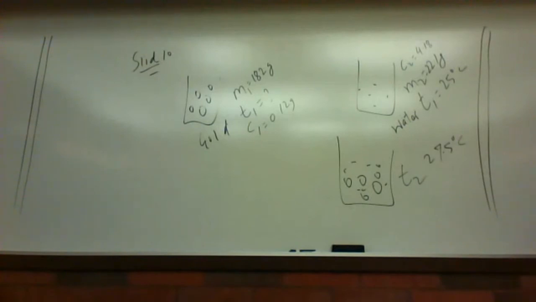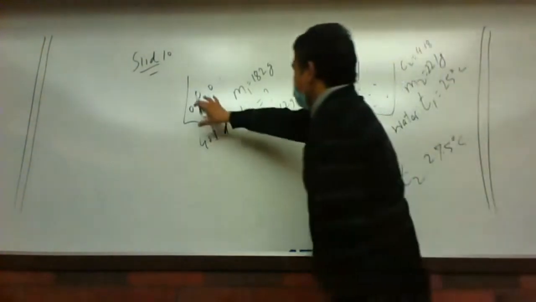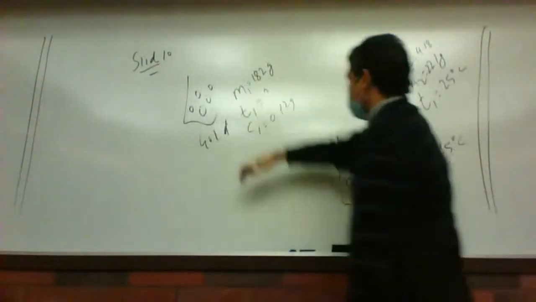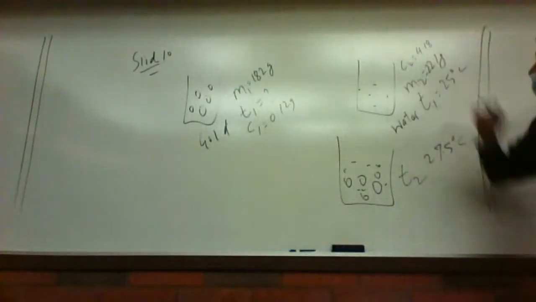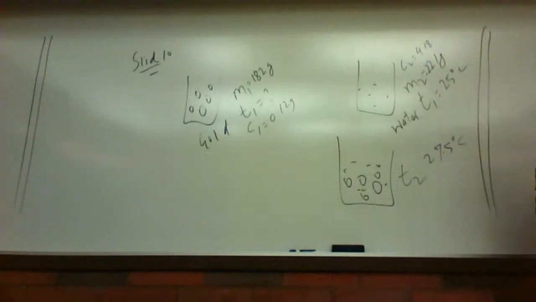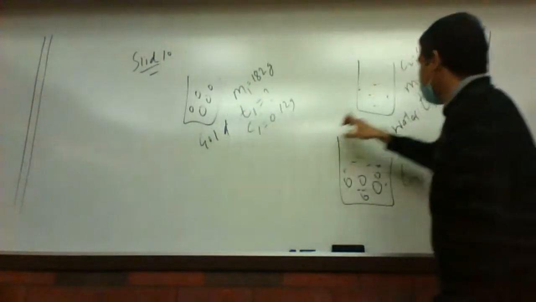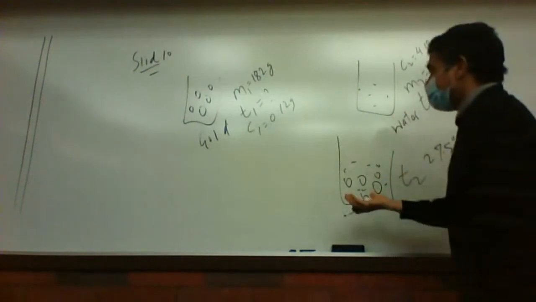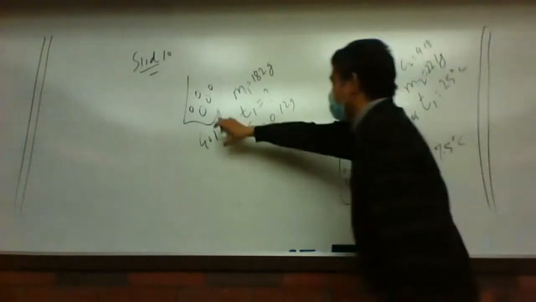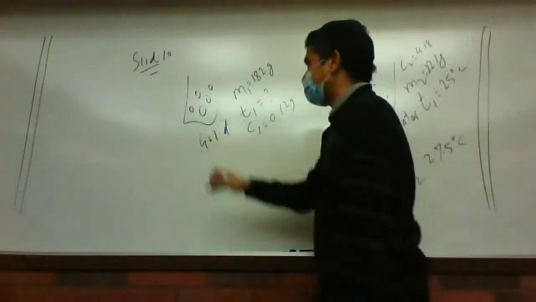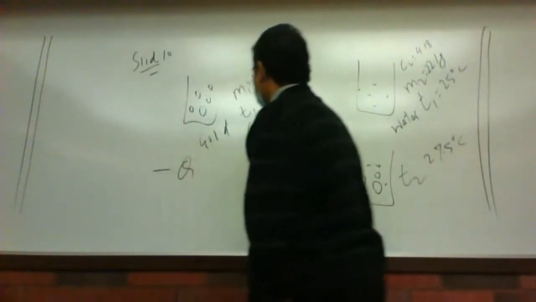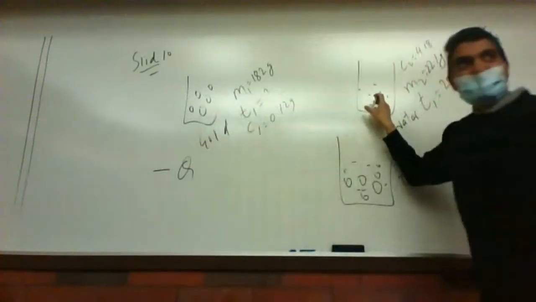Now, when we mix this gold into this water, the temperature of the gold is going to go down, the temperature of the water is going to go up, right? Because this is hot, this is cold. So one is losing heat, another is gaining heat. Suppose this is losing heat, so I would give the minus sign to this one. So it loses minus Q amount of heat when I mix it here, right?